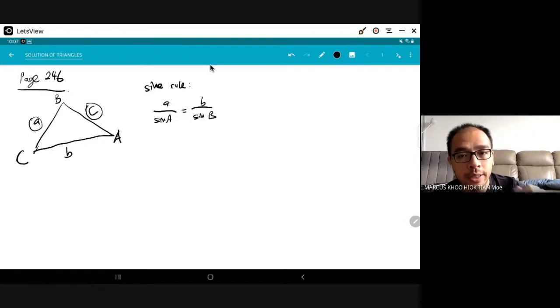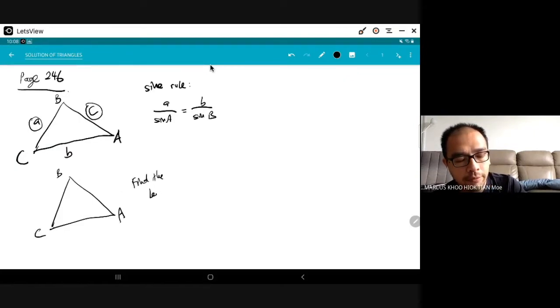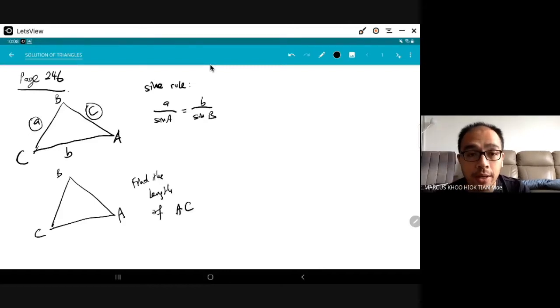Now sometimes, when you do triangles, let's say they give you the same triangle ABC, and they say find the length of AC. That means this length.